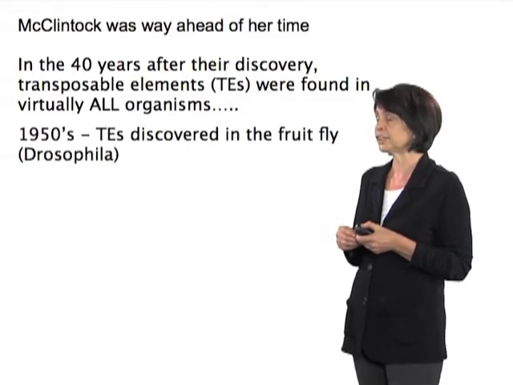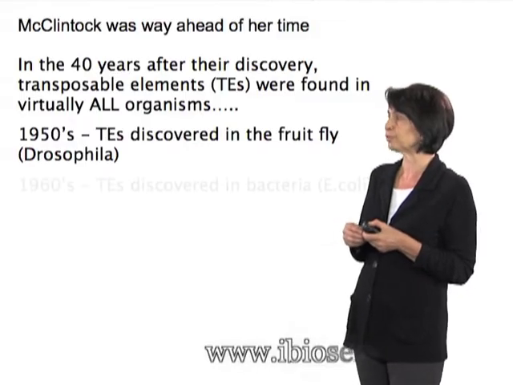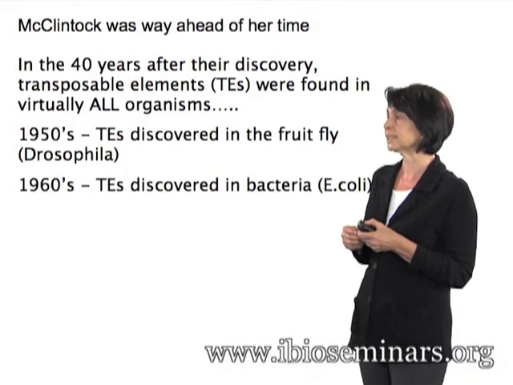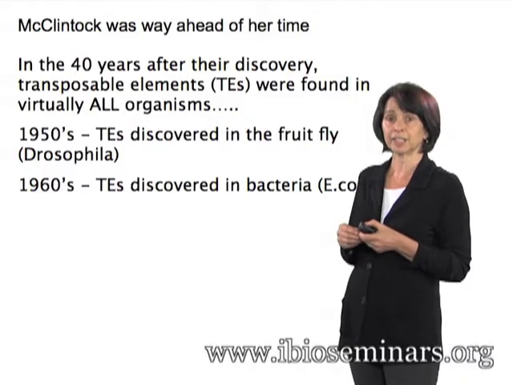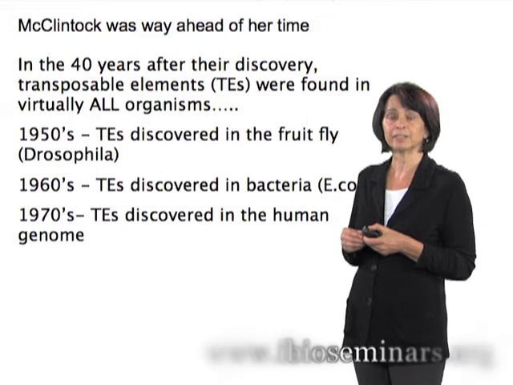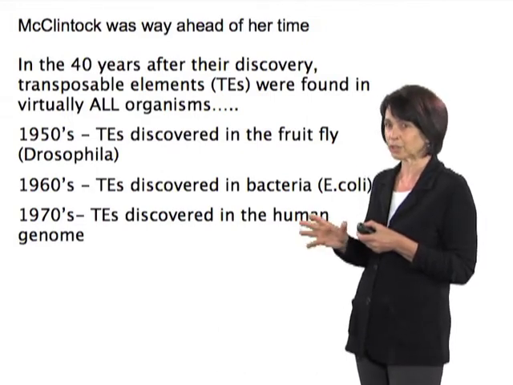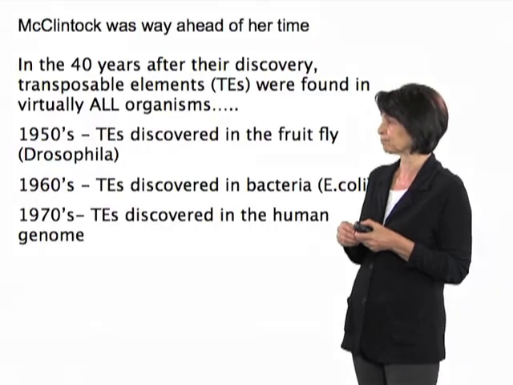In the 1950s, transposable elements were discovered in Drosophila, the fruit fly. In the 1960s, they were discovered in bacteria, in E. coli. And in the 1970s, they were discovered in the human genome as a cause of some mutations. We'll talk a lot more about that later.